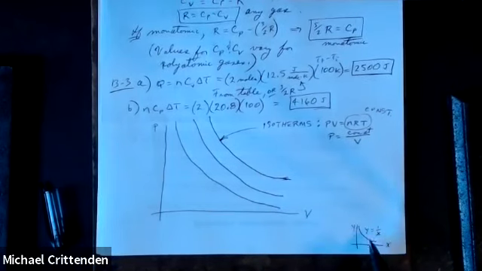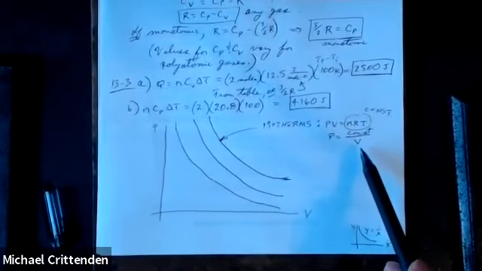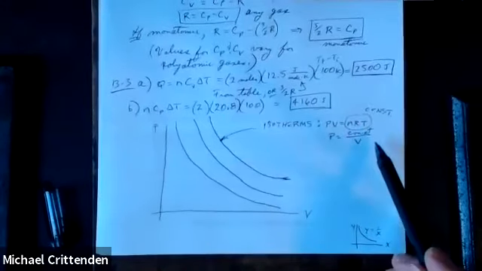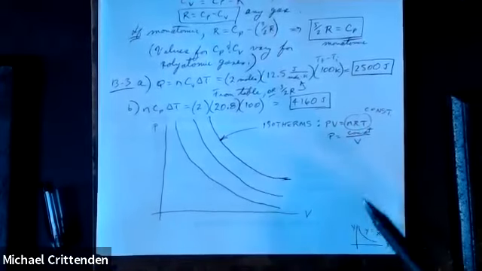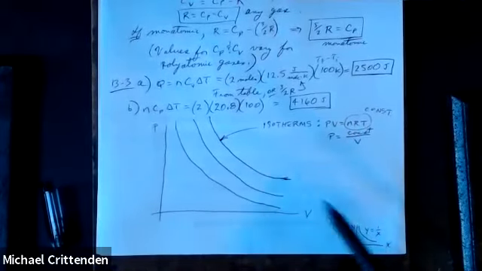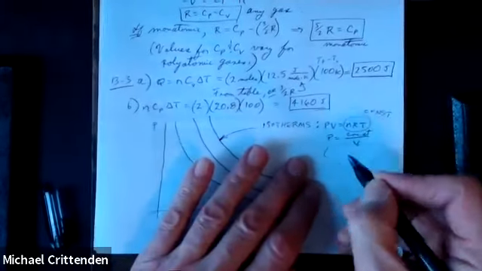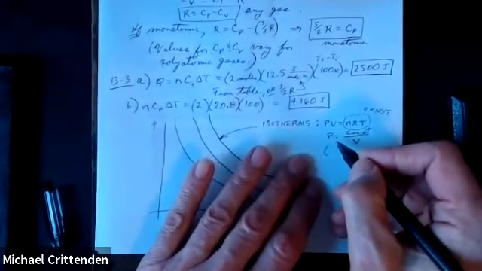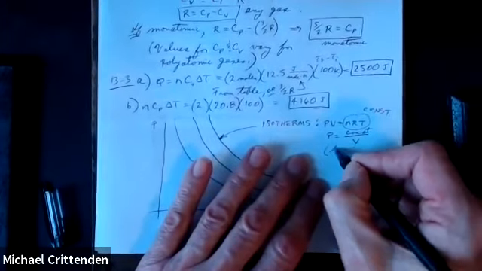Well, y equals 1 over x, P equals some constant over V. It's the same thing, except, well, maybe the constant isn't 1, but that doesn't change the basic nature of the graph. You've got hyperbolas here. Hyperbolas with asymptotes against the horizontal and vertical axes.